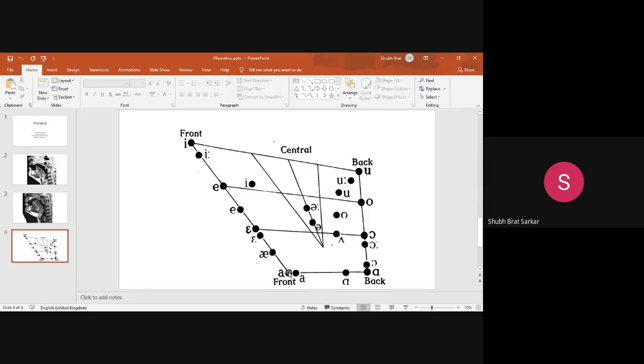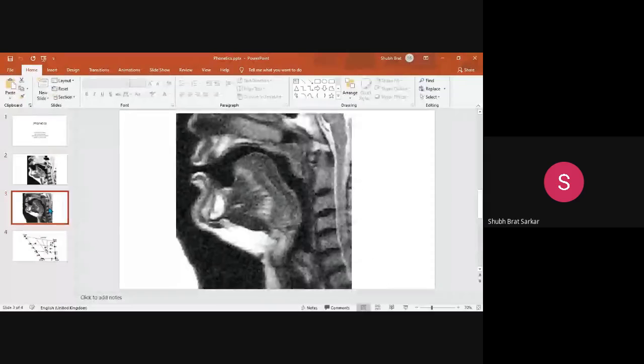Say the front of the tongue is reaching towards the front of the roof of the mouth, and the air is passing through the gap. This point is diagrammatically represented as the position of E. Similarly, there are different sound points in English RP, so it is better to understand this diagram first for the classification.